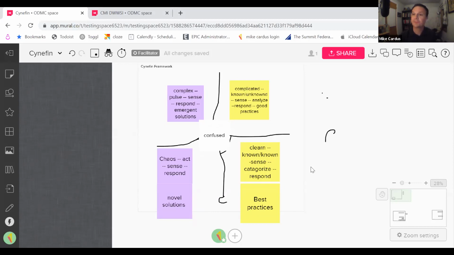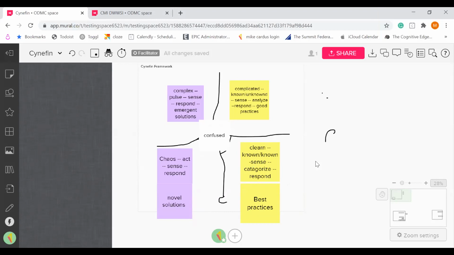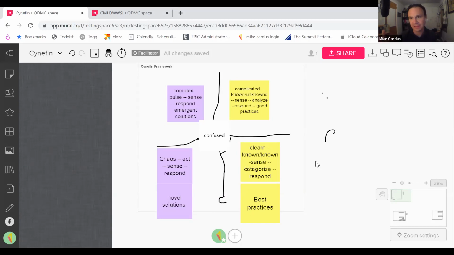The one thing that I absolutely love, and we saw it with COVID, we saw it with larger companies like Kodak, is that if you continue to act as if everything is clear or it's a stable environment, and you create your entire organization around that stability, so you act as if your customers are always going to be your customers, and you behave as if the environment is never going to shift around you, eventually you fall off this thing.